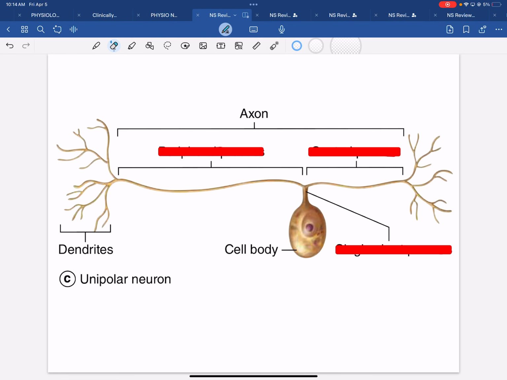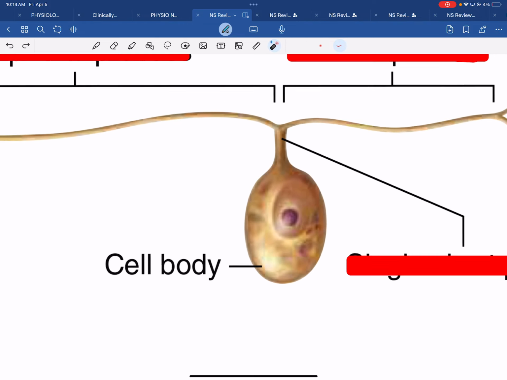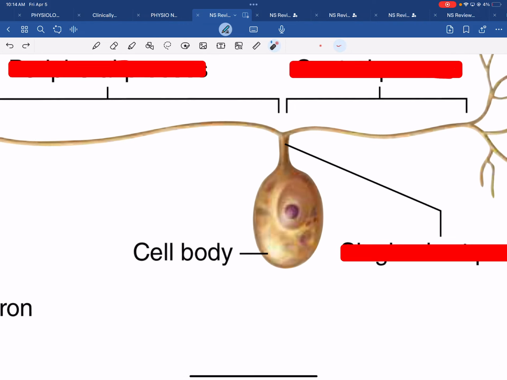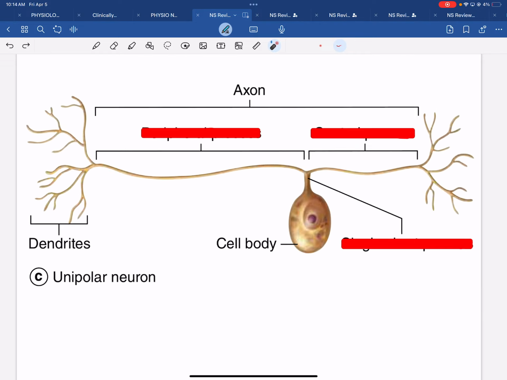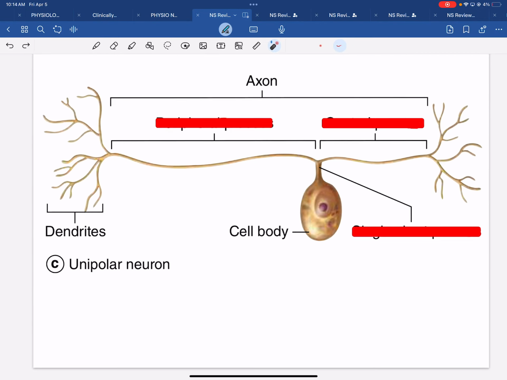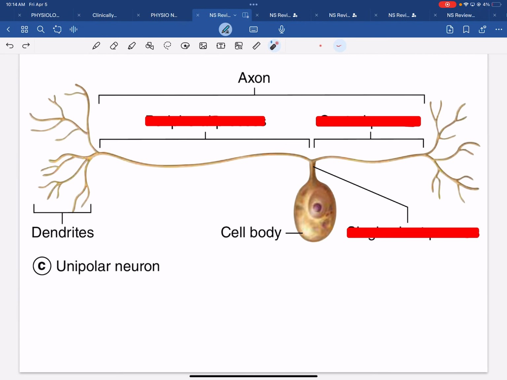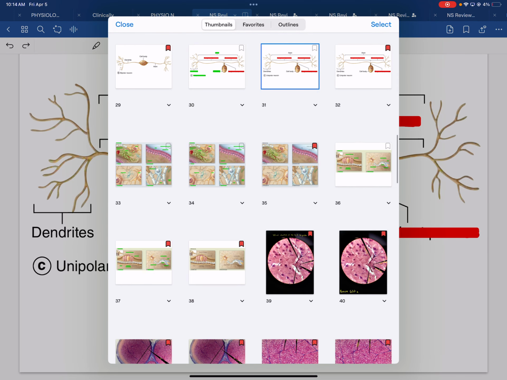They call it a single short process. There's another name for it that I don't remember, but that's what it's called. The axon hillock is only on the multipolar, or the bipolar. That's a good question, actually. What is this one called? I don't know. All right.